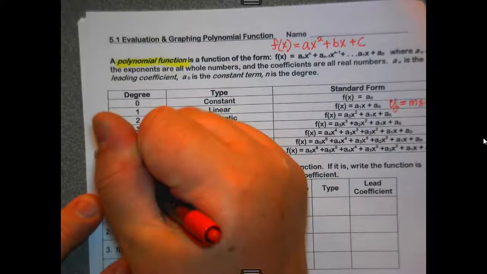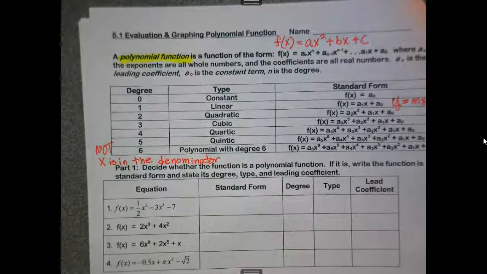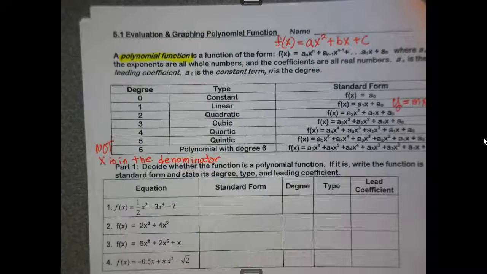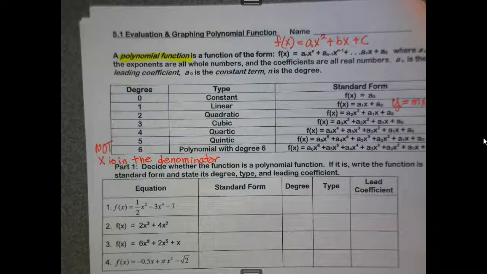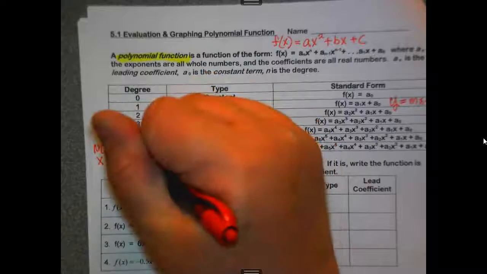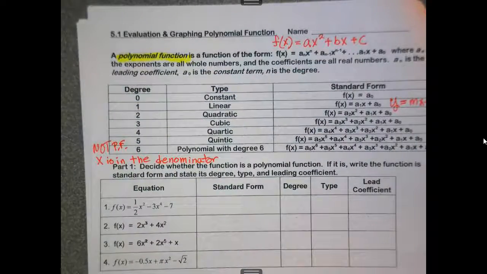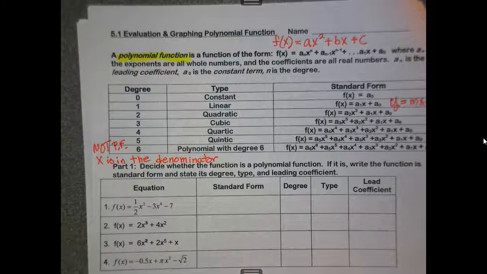It is not a polynomial function when x is in the denominator. Now you're probably saying to yourself, well, when can x be in the denominator? Now, that is not a polynomial function.